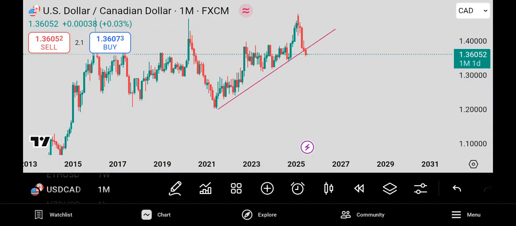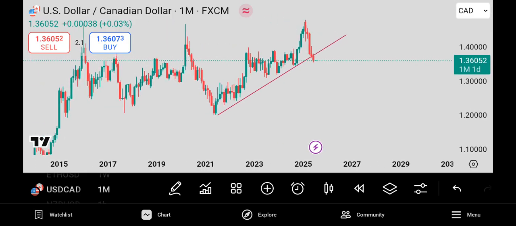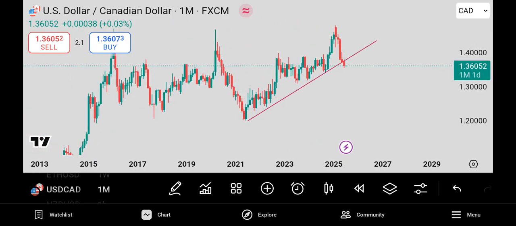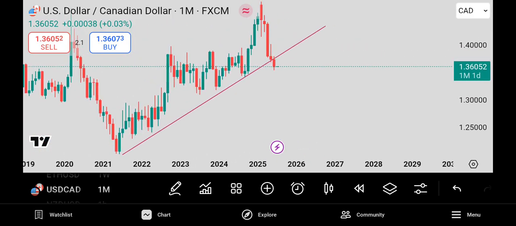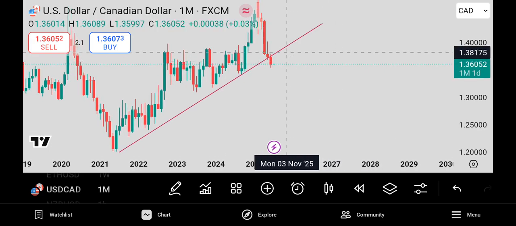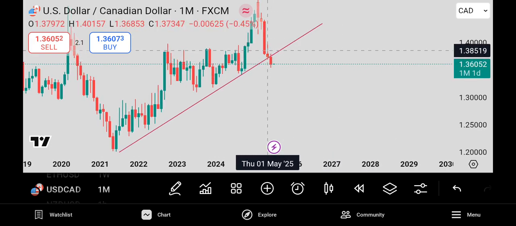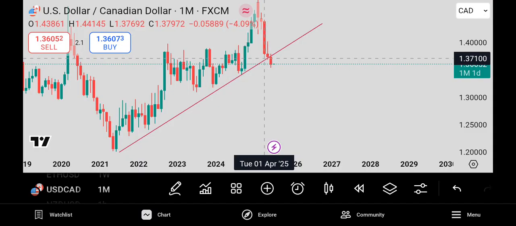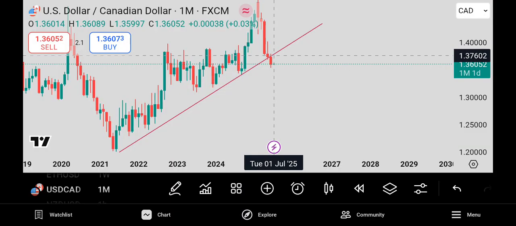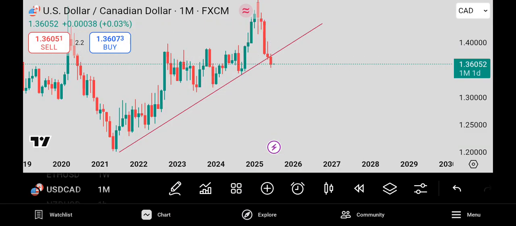Now, focusing on the immediate trend, why I took the sell is, one, the candlestick pattern. The market came here and broke this trend line with an engulfing candle. That is what interested me. The market was actually bleeding from here.